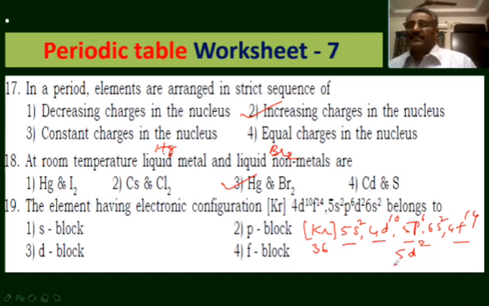That is, the differentiating electron lies in the d orbital. So it is a d block element. The third option is the right option here. The d orbital of the fifth main energy level is being filled or incompletely filled in this. That is, the differentiating electron lies in the d orbital. So this element belongs to the d block.